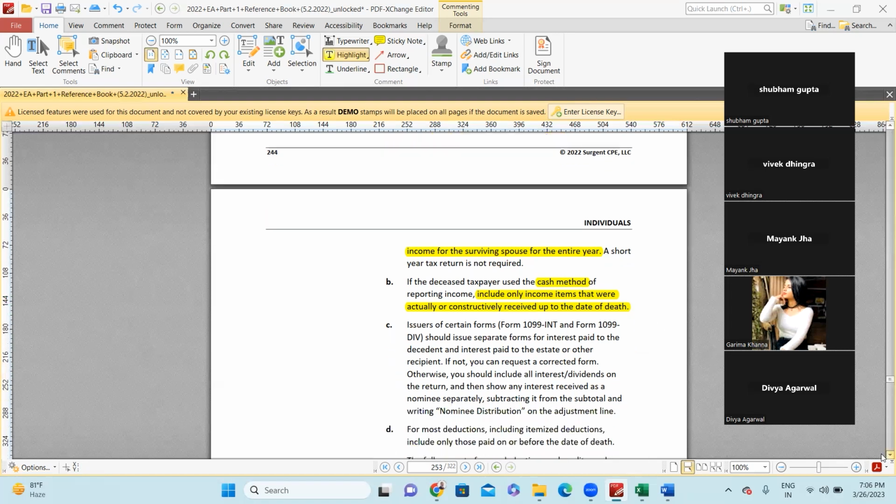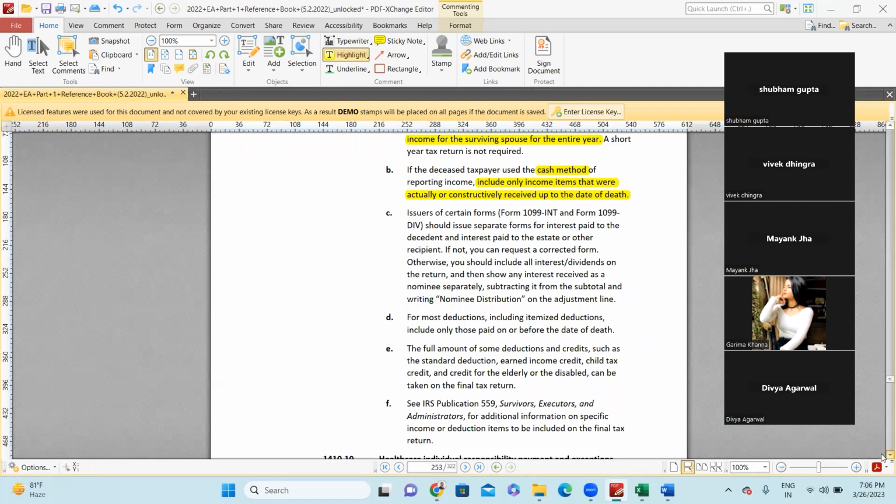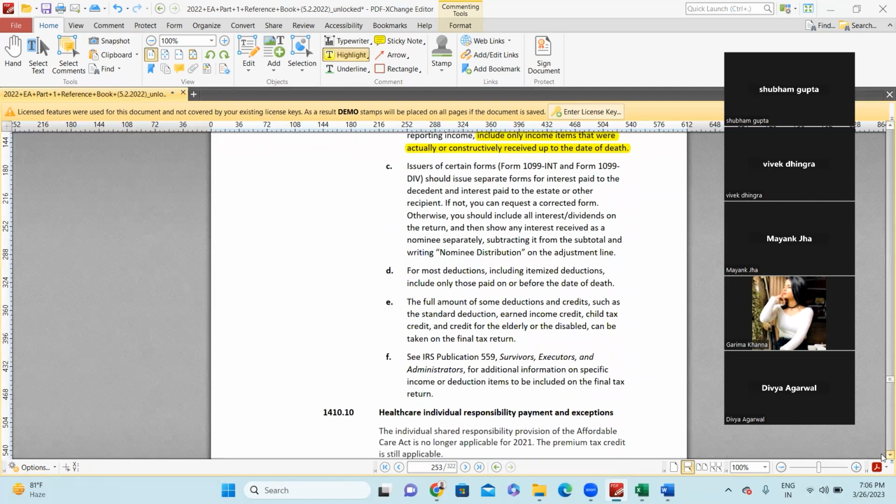The issuer of certain forms, Form 1099 interest or 1099 dividend, should issue a separate form for the interest paid up to the date of death and the interest paid to the estate or other recipient. So, for example, the person who has died, let's assume he has a certain fixed deposit or certain mutual funds sitting in his bank, right?